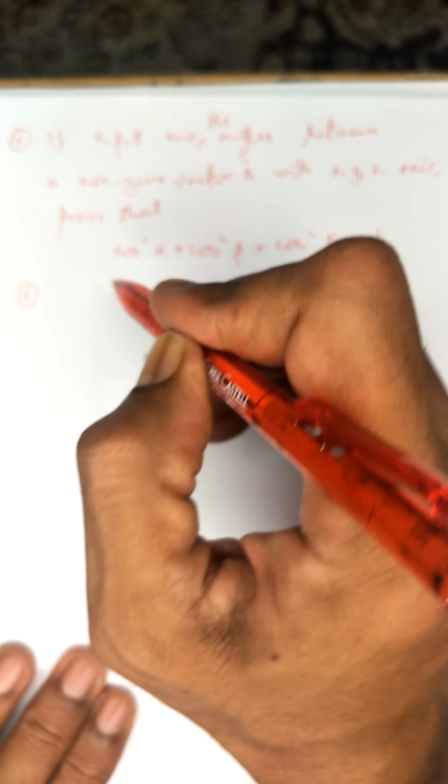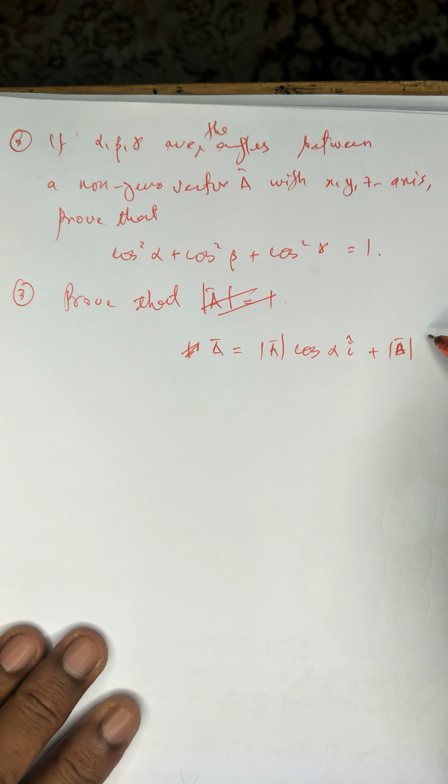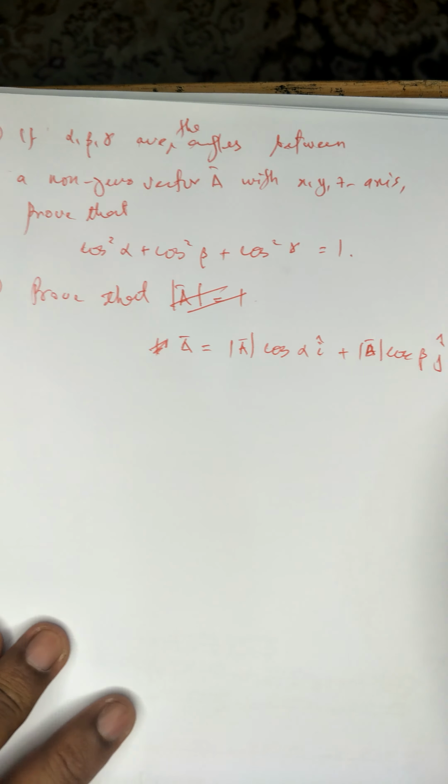And number 3, prove that vector A can be written as magnitude of A cos alpha i plus magnitude of A cos beta j plus magnitude of A cos gamma k.